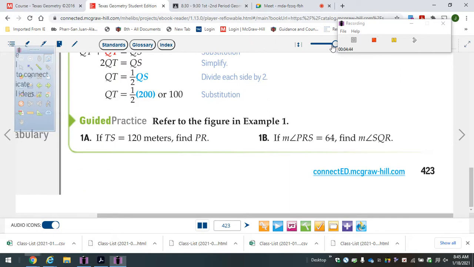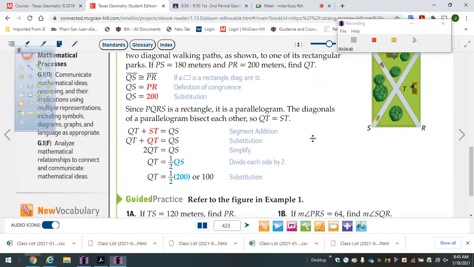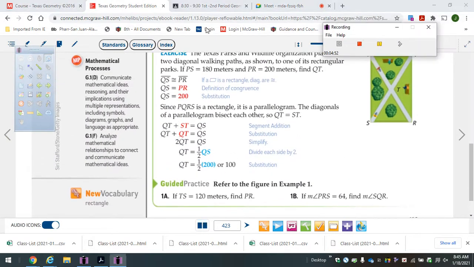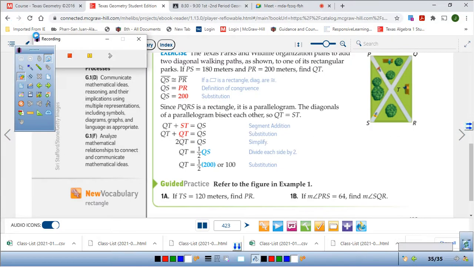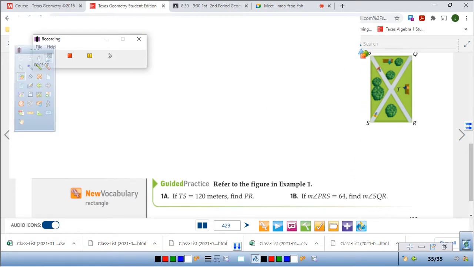Okay, so let's try this one real quick. Draw the cheapy kind of rectangle right there.